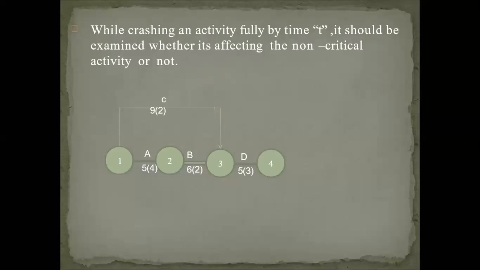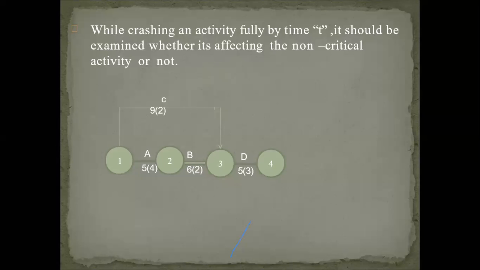For activity A, the 5 is the normal time, and the 4 is the crash days, meaning you can go for crashing of the activity for that many days.